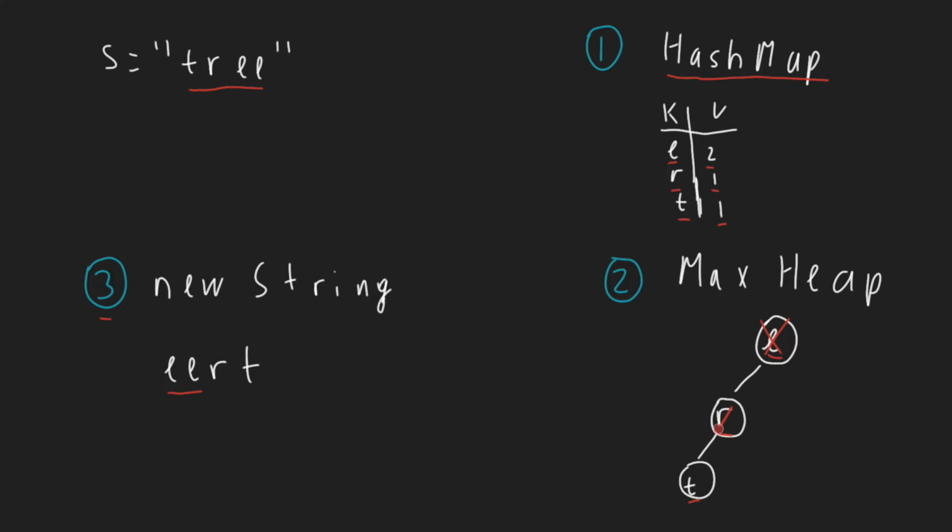We take R, whose frequency is 1, and add it to our new string. And the last one, we take T, which is repeated once, so we add T to our new string. We return our result when we don't have any entry left in the max heap.